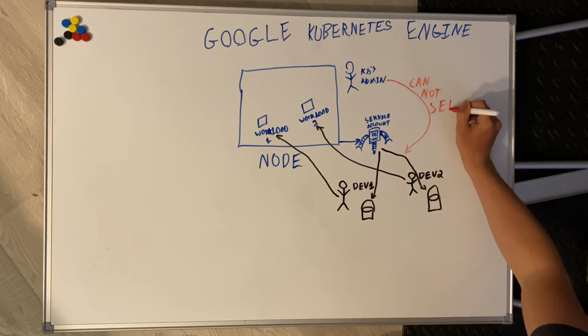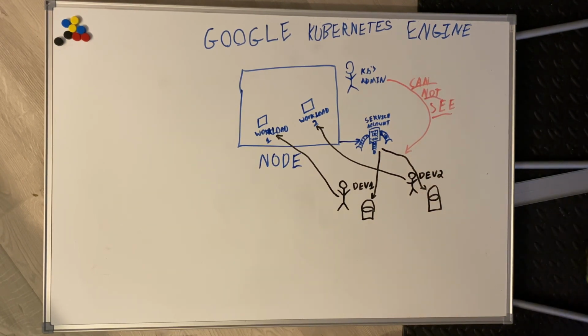So you can imagine a situation where you have a small team of Kubernetes admins that are trying to maintain a cluster that want to open it up to give many developers the ability to deploy workloads to this cluster, it can be difficult to secure because they can't control what the service account attached to the nodes has access to. And some developers may want to just give that service account access to resources rather than using something like Kubernetes secrets or Vault to pass credentials to those workloads.